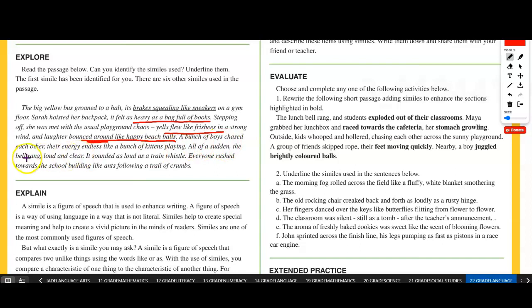A bunch of boys chased each other, their energy endless, like a bunch of kittens playing. All of a sudden, the bell rang loud and clear. It sounded as loud as a train whistle. Everyone rushed towards the school building like ants following a trail of crumbs.